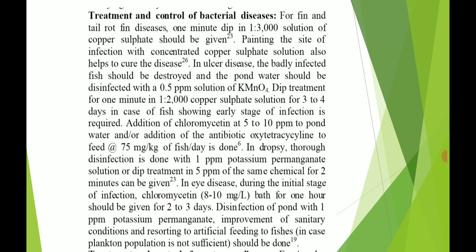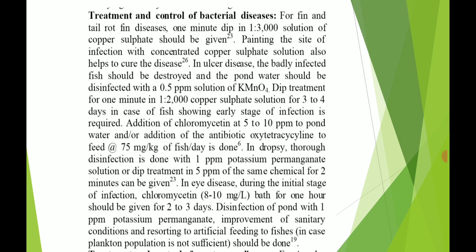The addition of chloromycetin at 5 to 10 ppm to the pond water, and or the addition of the antibiotic oxytetracycline to feed at the rate of 75 mg per kg of fish per day, is done.